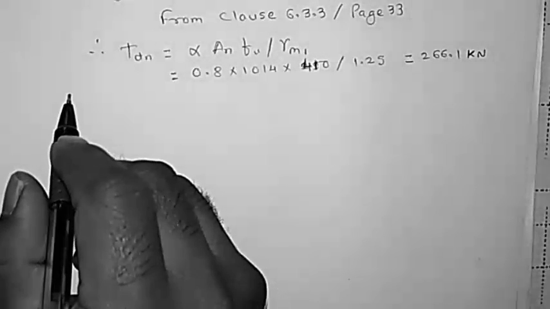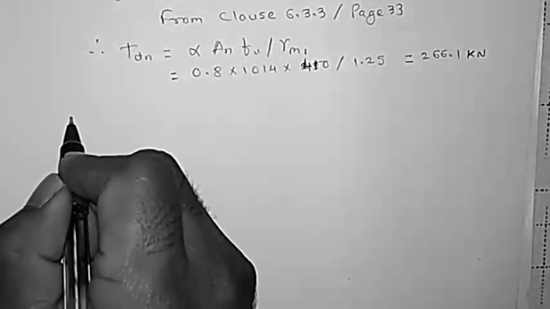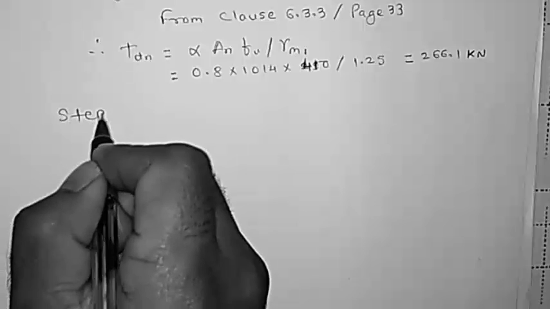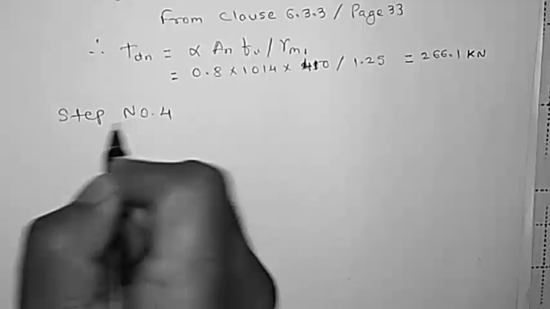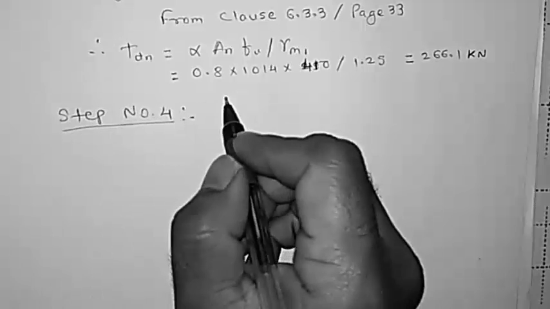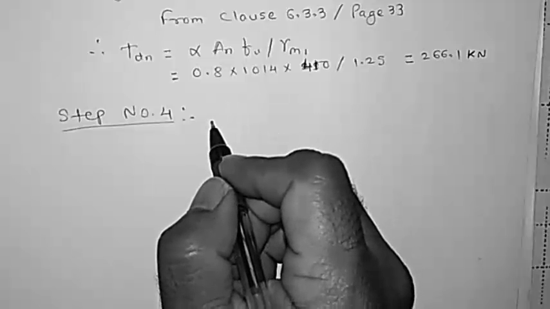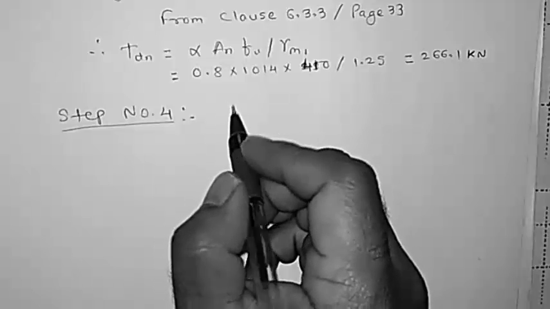So next step is step number 4. That is design strength due to block shear.